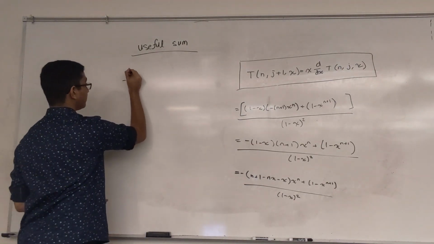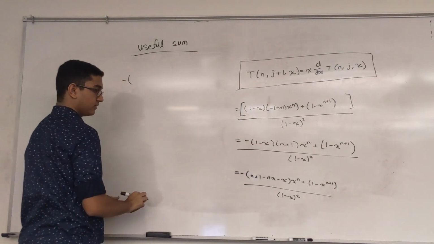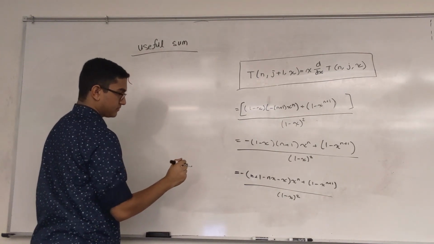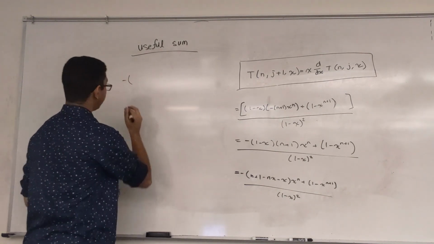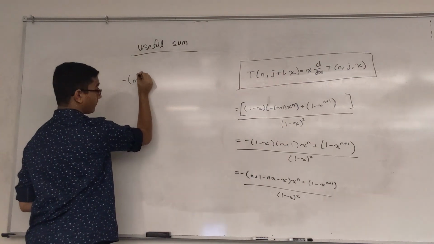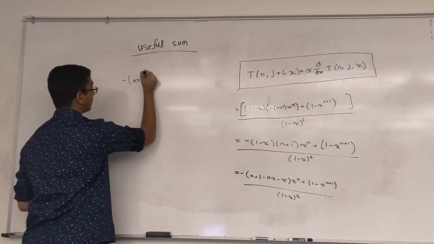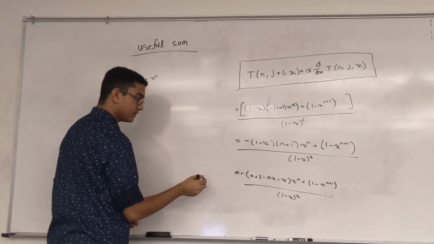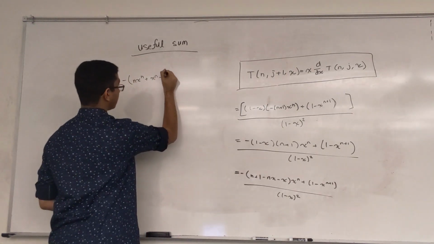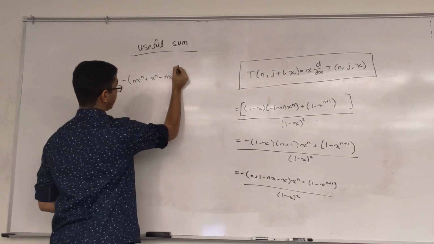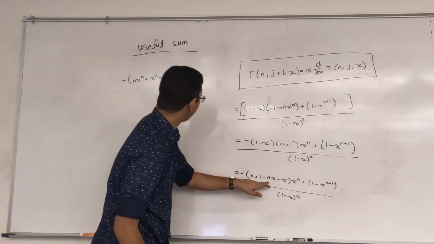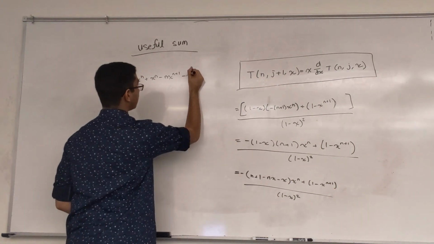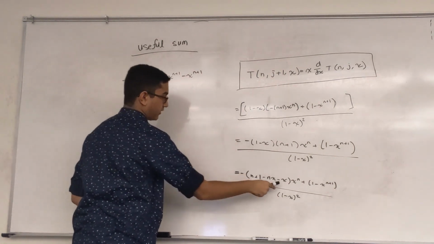So we'll have negative, and actually really quickly, we'll just do negative x to the n plus x to the n minus nx to the n plus 1, because we're multiplying negative nx times x to the n, and then minus x to the n plus 1.